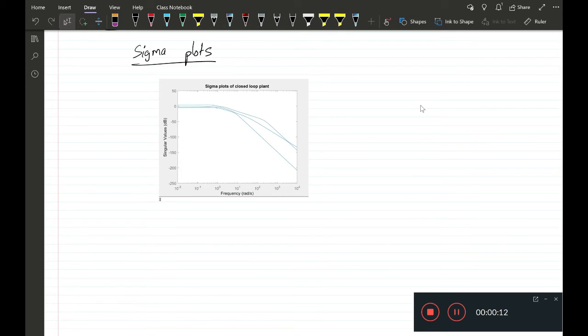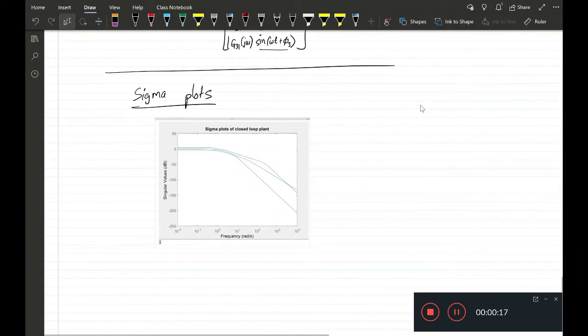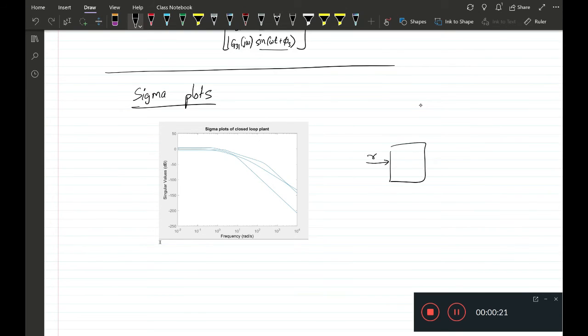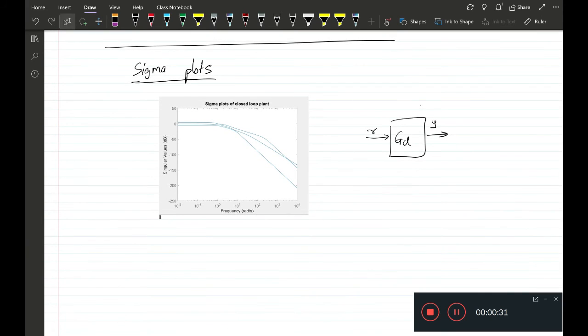So you see now the sigma plots for our closed loop, from R to Y. Let's quickly recap what we mean by sigma plots. We have a 3 by 3 transfer function like we saw above.